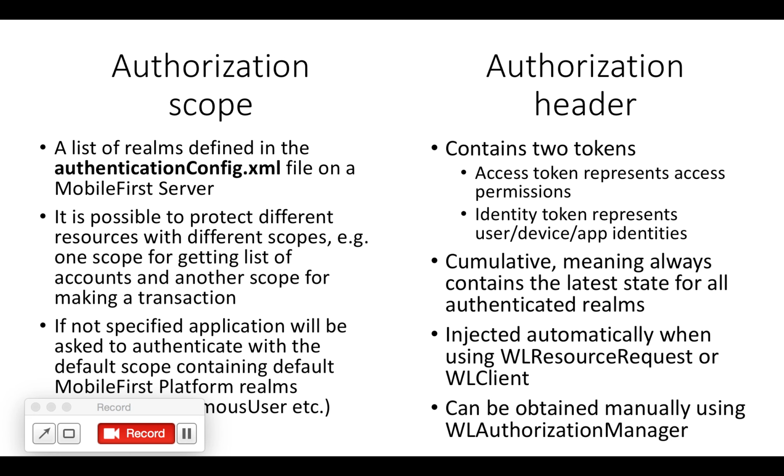If you're not using WL resource requests, for example, in cases where you have your own HTTP infrastructure already in place, but you still want to leverage our MobileFirst platform OAuth infrastructure, you can still get all those authorization header and identity information manually by using the WL Authorization Manager class.